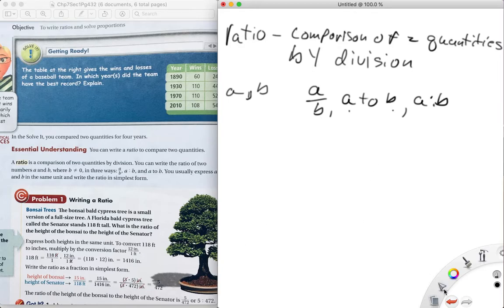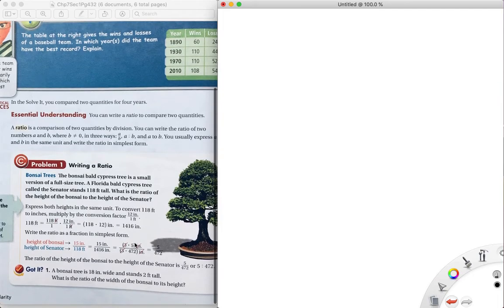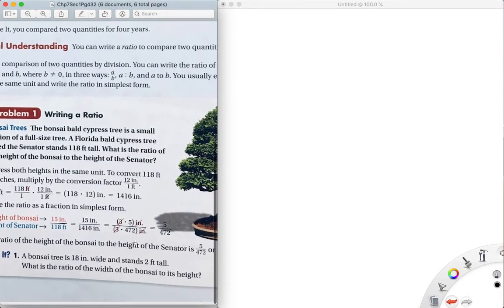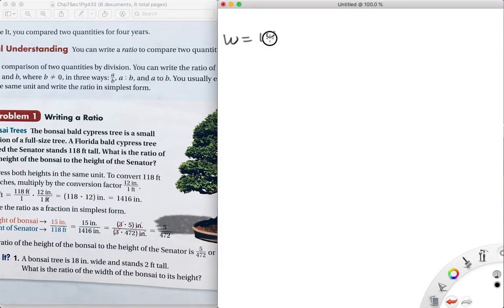Okay. So here it says we have a bonsai tree with a width of 18 inches. And it's 2 feet tall.